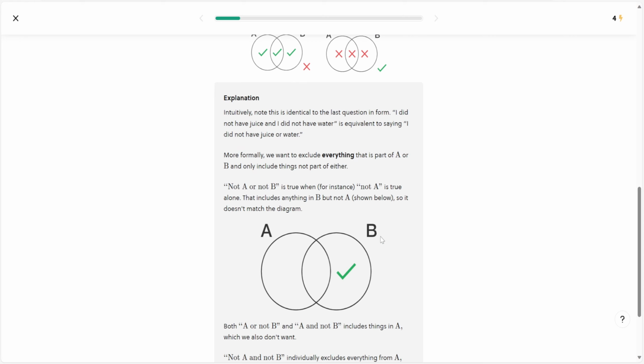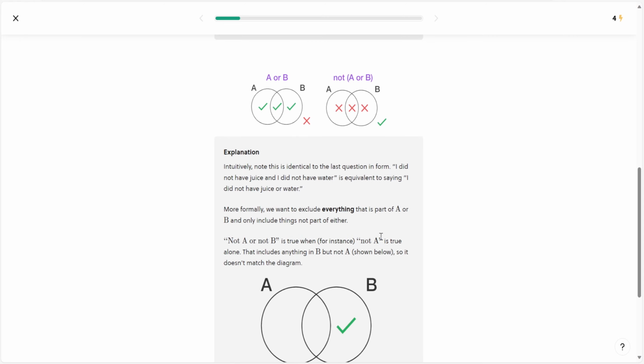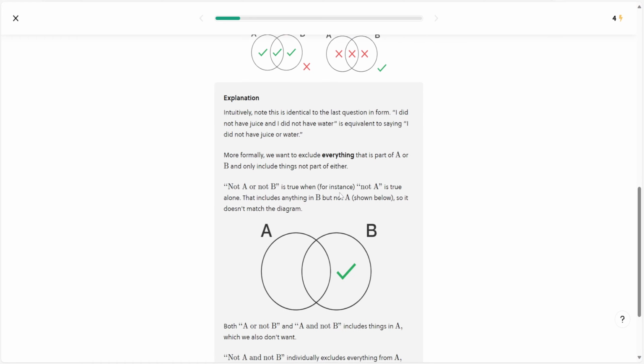Intuitively, note this is identical to the last question in form. I did not have juice and I did not have water is equivalent to saying I did not have juice or water. More formally, we want to exclude everything that is a part of A or B and only include things that are not part of either. Not A or not B is true, for instance, if not A is true alone.